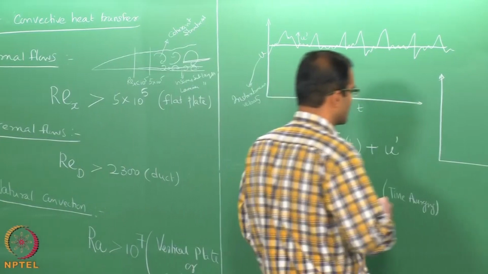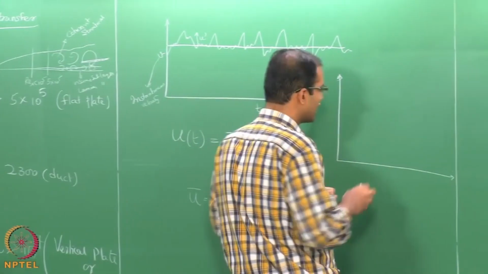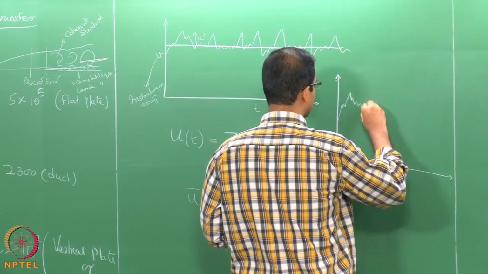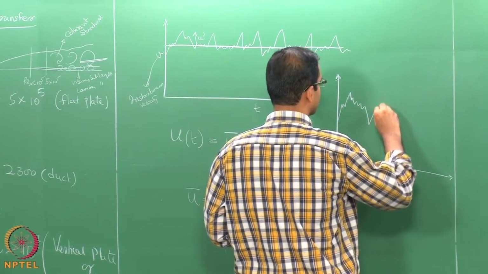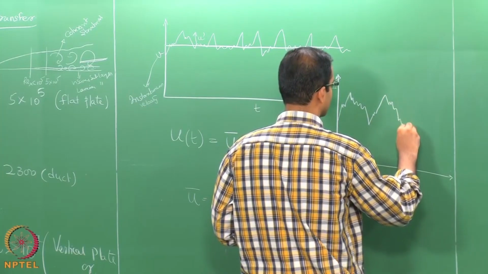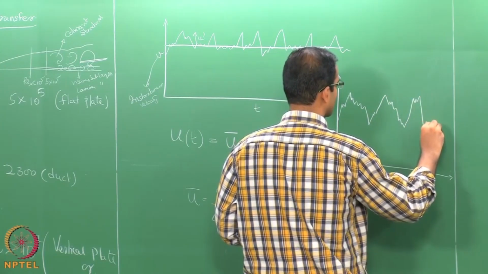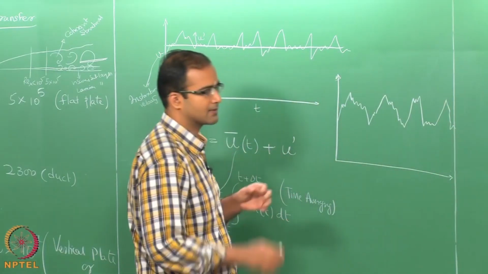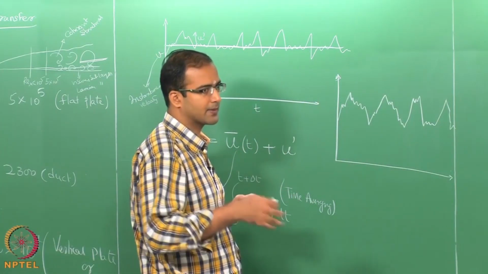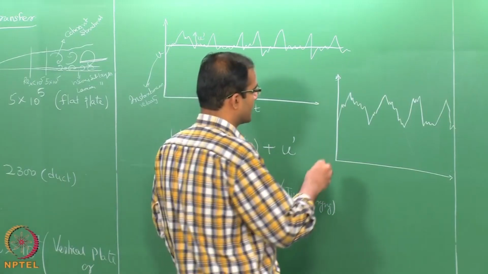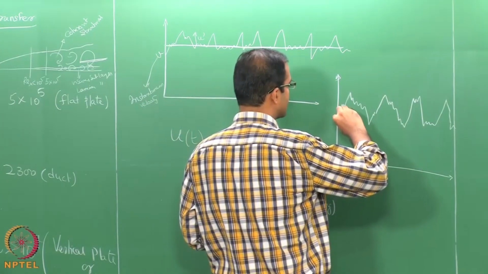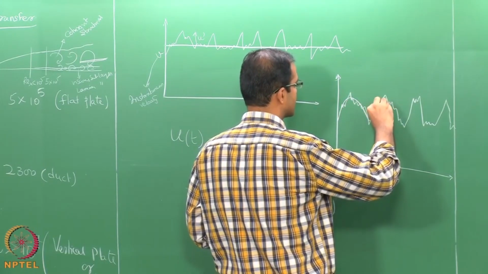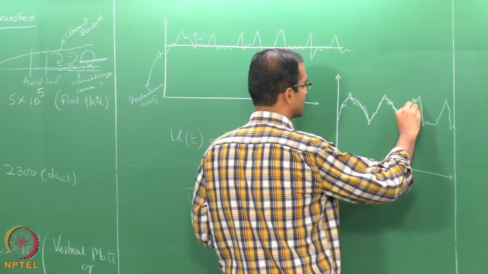Now, if you apply the filter carefully enough, for example, if you have an instantaneous velocity something like this, so some kind of waviness which comes in time, but it is periodic and repeatable. If you apply the averaging filter carefully, you should be able to construct a pattern which is repeating and periodic.